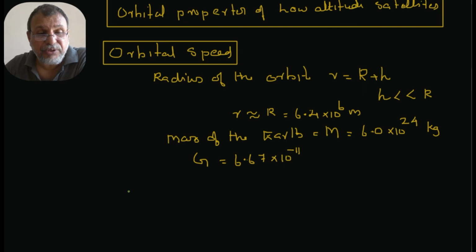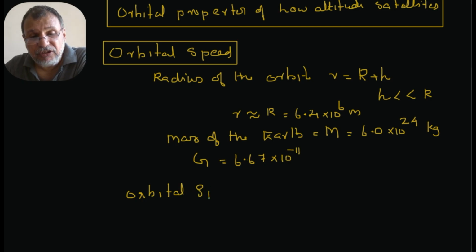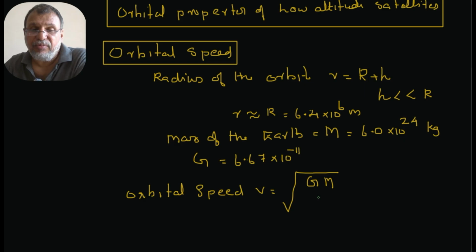Then the orbital speed v is equal to, we already know the equation, square root of GM over r. Here we write the orbital radius, which is more or less the same as the radius of the Earth.